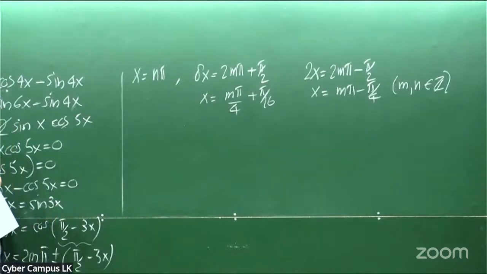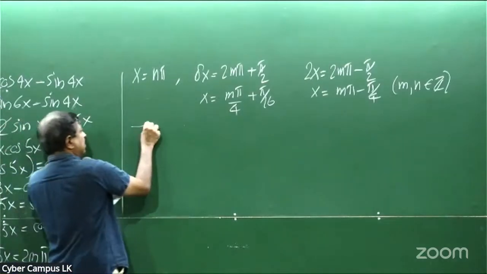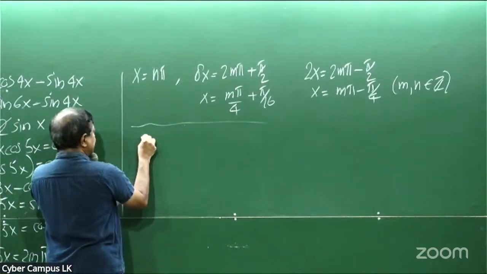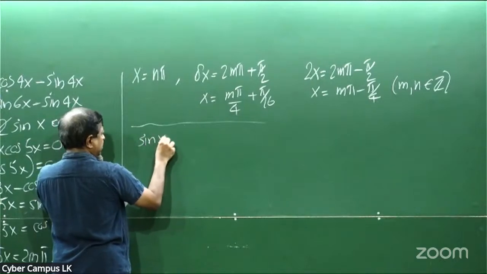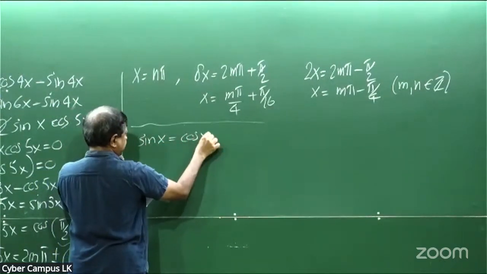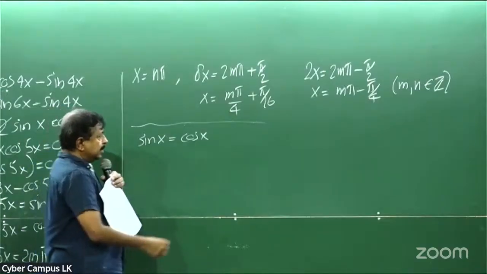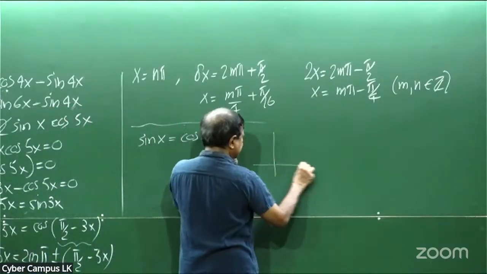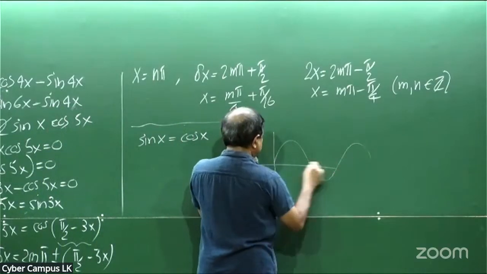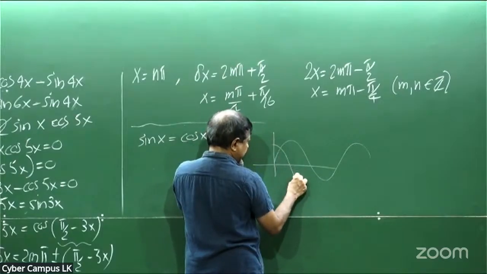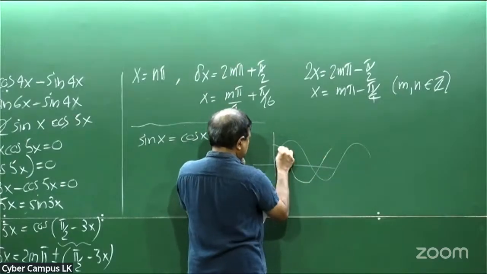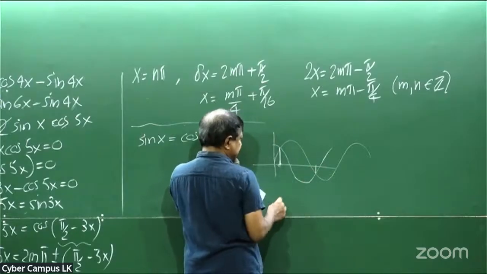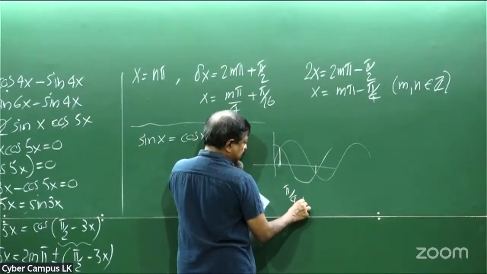Okay, I'll take this example. Take this for example, sin x is equal to cos x. We can just find the solutions from the graphs, sin x goes like this, cos x. This is one solution, this is another solution. These are the solutions. Pi by 4.